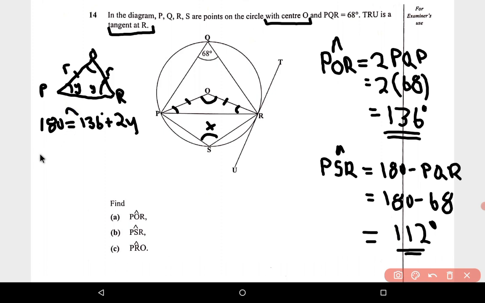You take this to this side: 180 subtract 136 is equal to 2y. 180 minus 136 is 44.